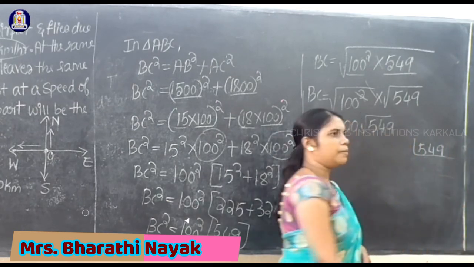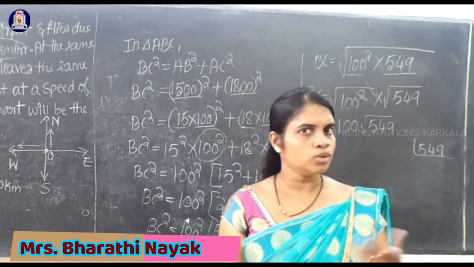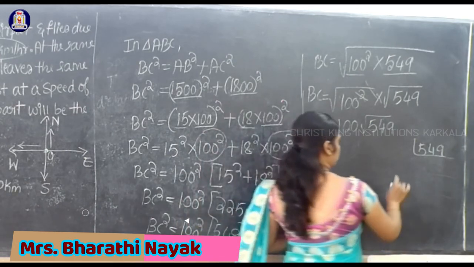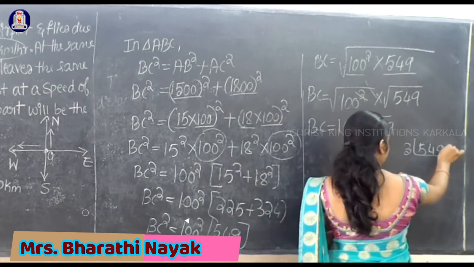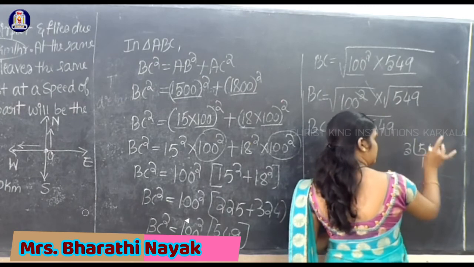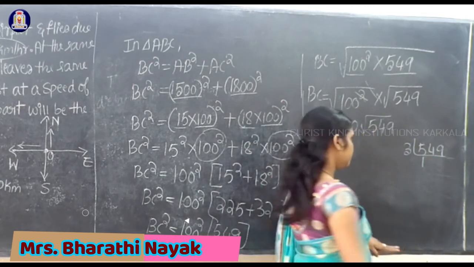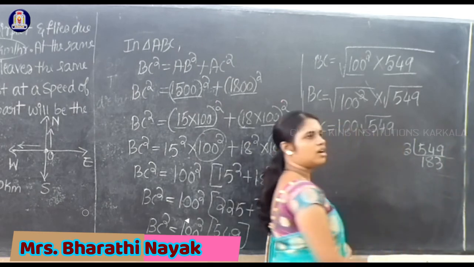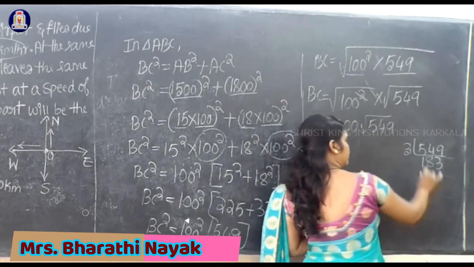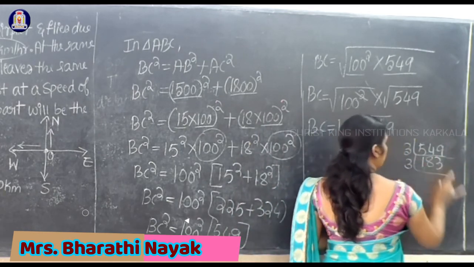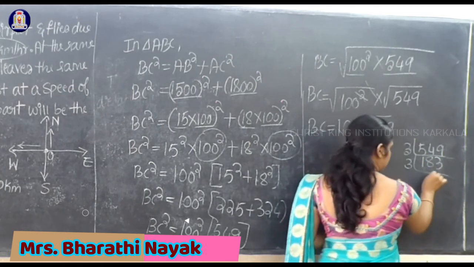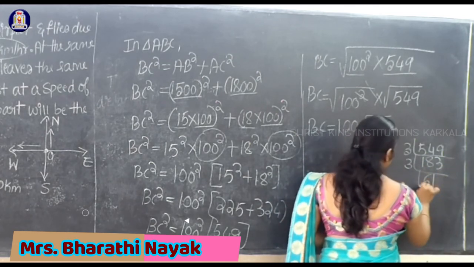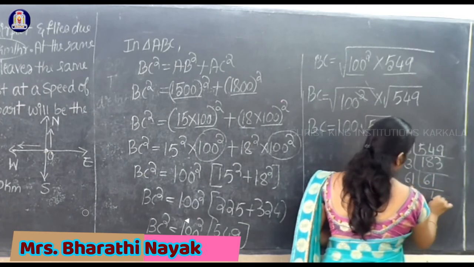549, is it divisible by 2? No. So therefore I will take the next number 3. 3 how much are 549? 3 1s are 3, 2 carry, 3 8s are 24, 3 3s are 9. Okay. So next once again I will take 3. 3 how much are 18? 3 6s are 18, 3 1s are 3. Next 61 only I will consider.